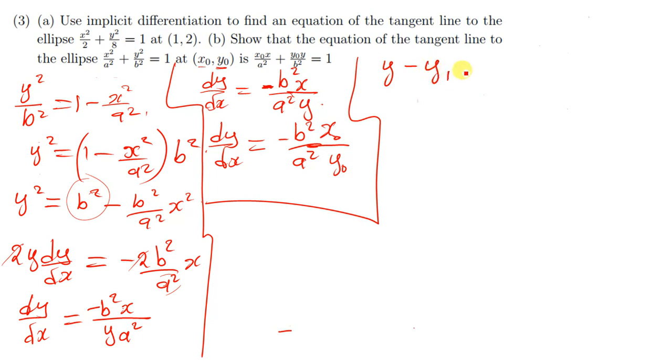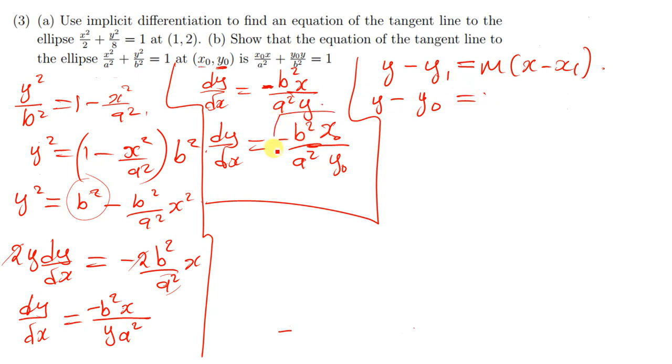So we have y minus y1 is equal to m times x minus x1. So once we do that, we can now say y minus y1, I'm going to put y naught, is equal to m.